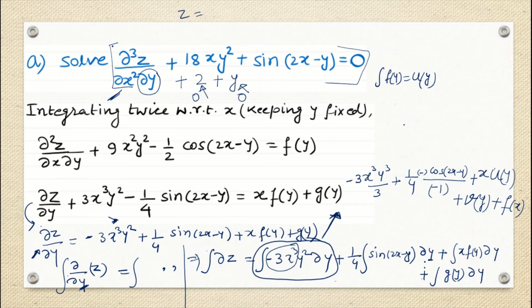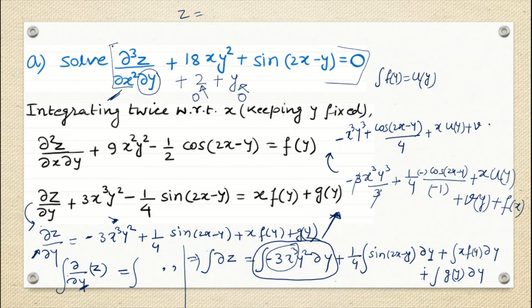Okay, now fine. If I simplify, this 3 gets cancelled. So I will be writing down here minus x³y³, and then it will be plus cos(2x − y) divided by 4.